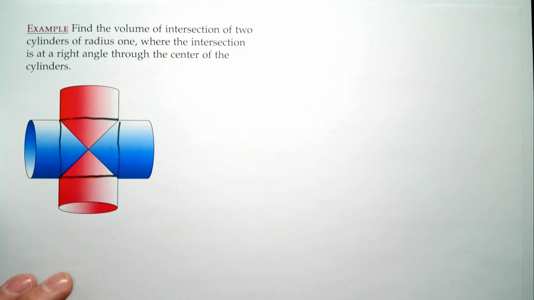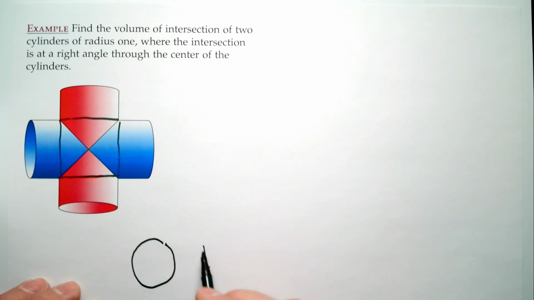So, what's happening? Well, let's think about just a normal cylinder. And again, we're going to take our cross-sections going up and down. If I'm at a particular height, then my cross-section will just be a line. I'm just looking at one cylinder right now. So that's what a cross-section would look like, just a line.